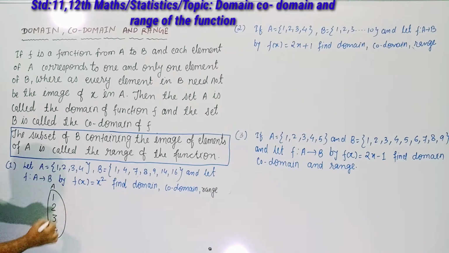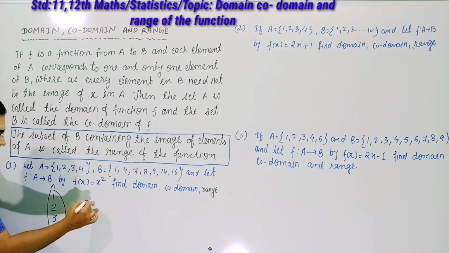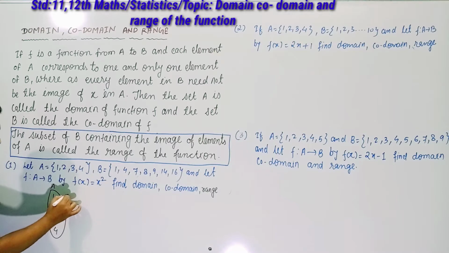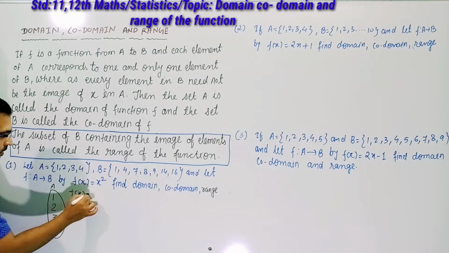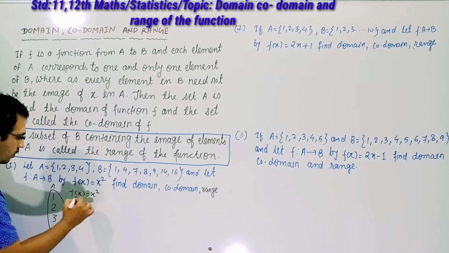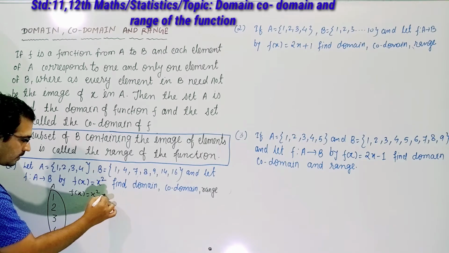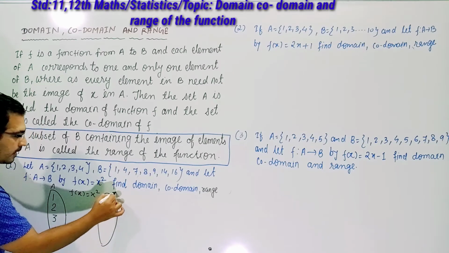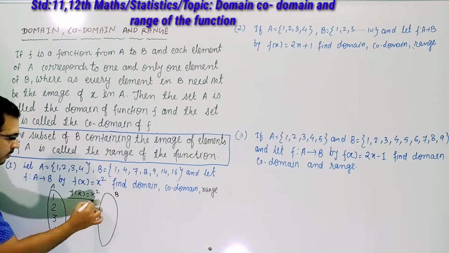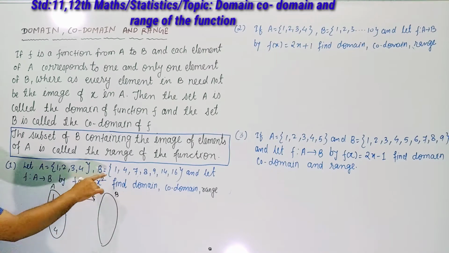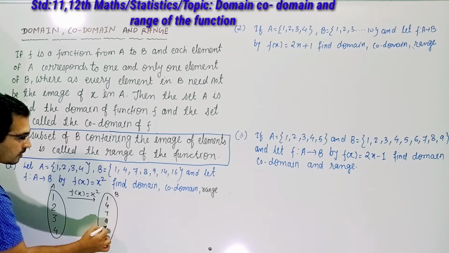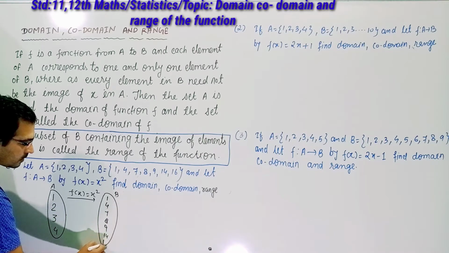Here the function is defined as f of x equals x square, over A to B. The elements of set B are 1, 4, 7, 8, 9, 14 and 16.